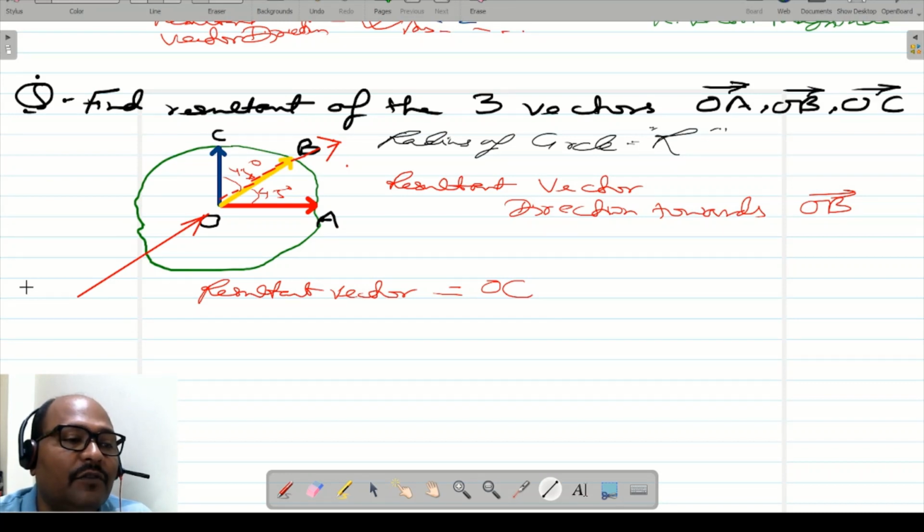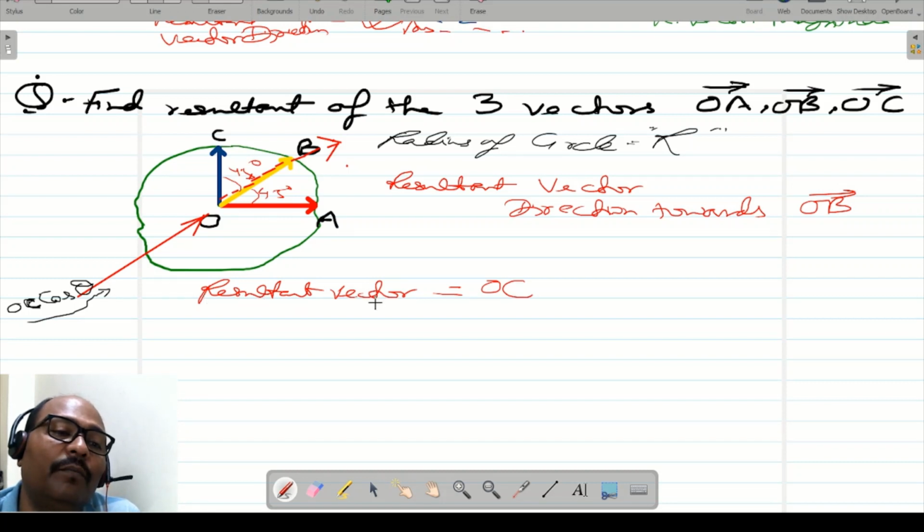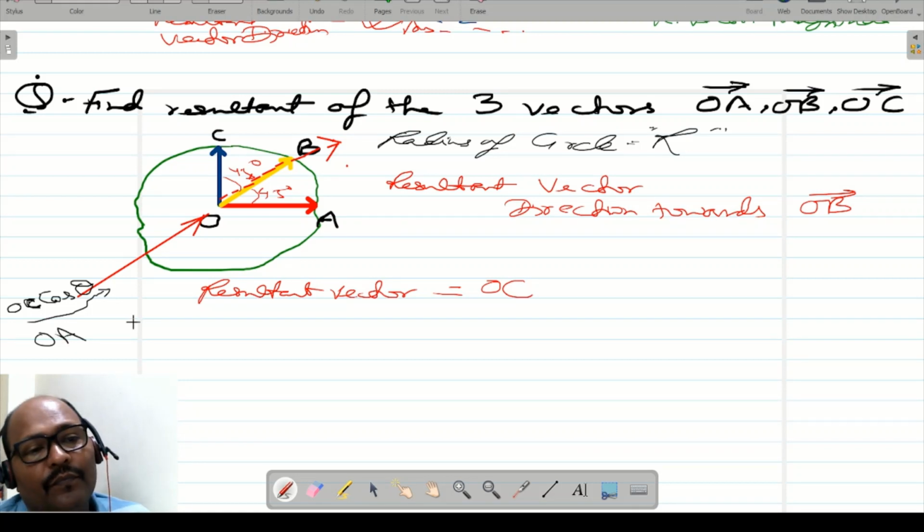Sorry, it's OC cos theta. OC cos theta, one component which we are getting in this direction, and another, the component of OA towards OB, is OA cos theta, right?